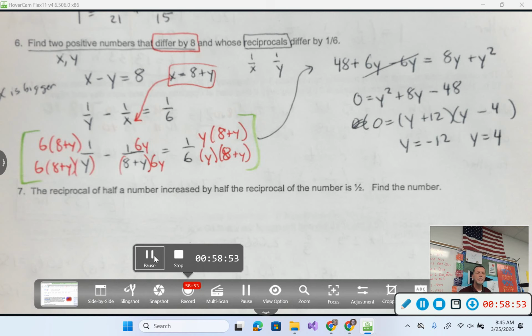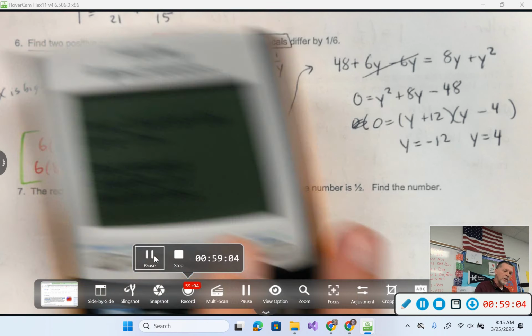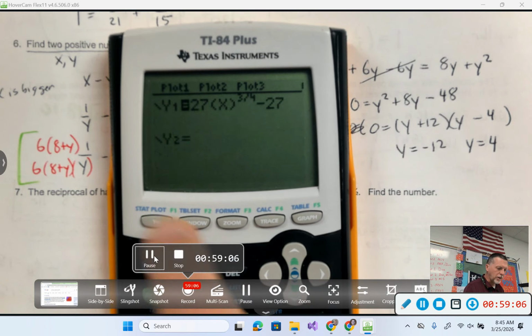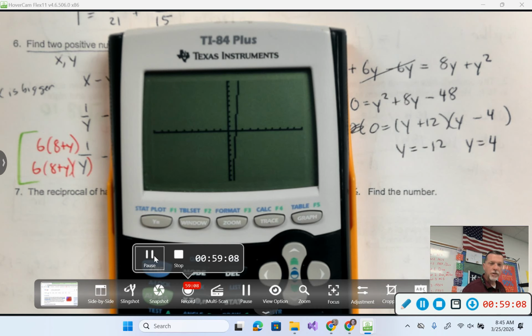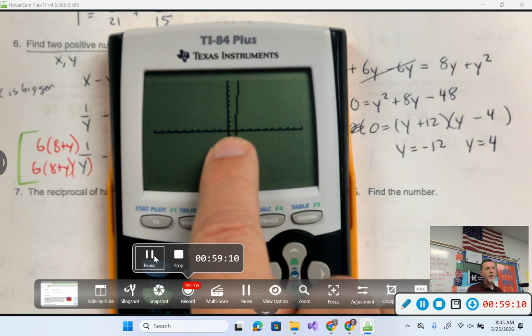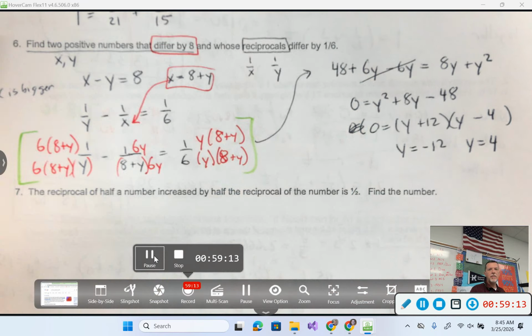Sure. Be careful, remember, that only works if your answers are on the table. Gotcha. But it's an option. It is an option. You could also find it on the calculator instead of the quadratic formula, you could do the calc zero and find it that way. Yeah, we've done that before.